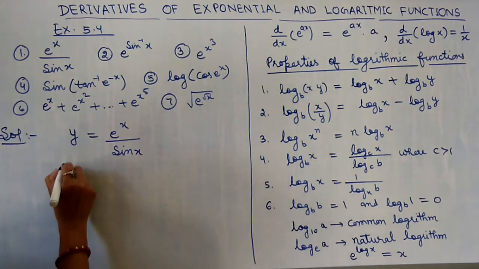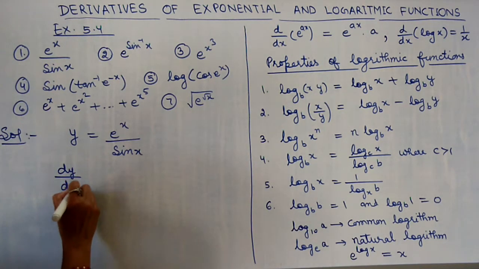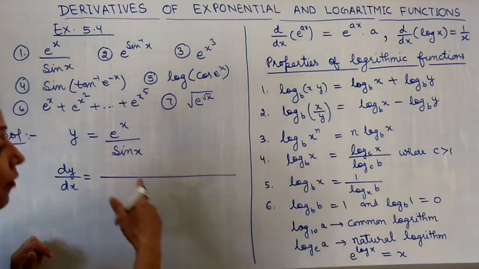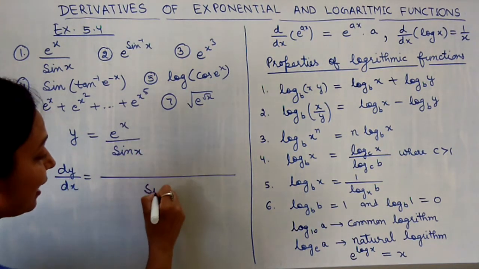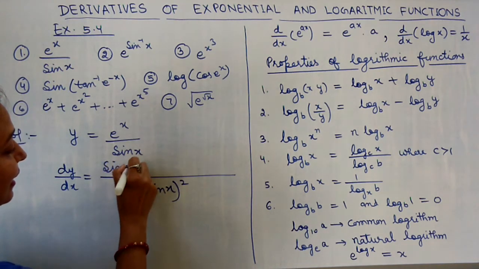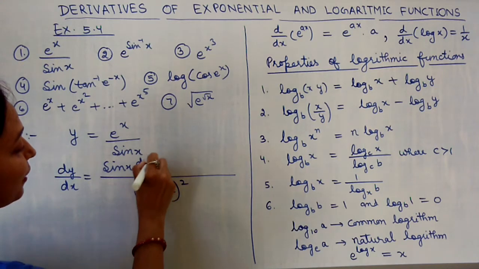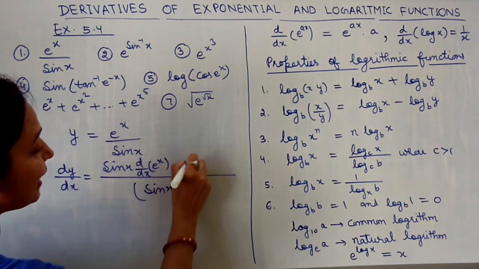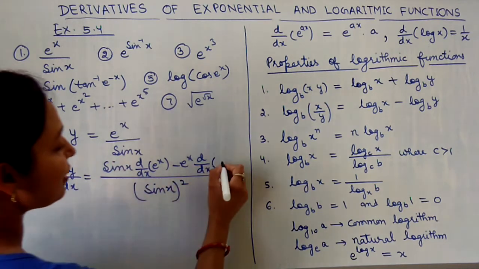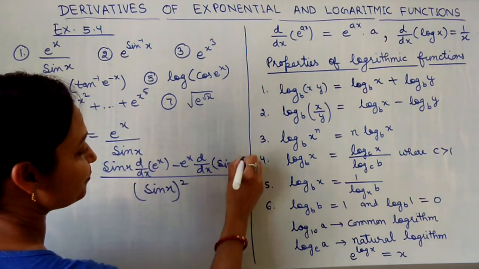Use the u upon v rule: in the denominator you have sin x whole square, and the numerator is sin x times the derivative of exponential of x, minus exponential of x times the derivative of sin x.